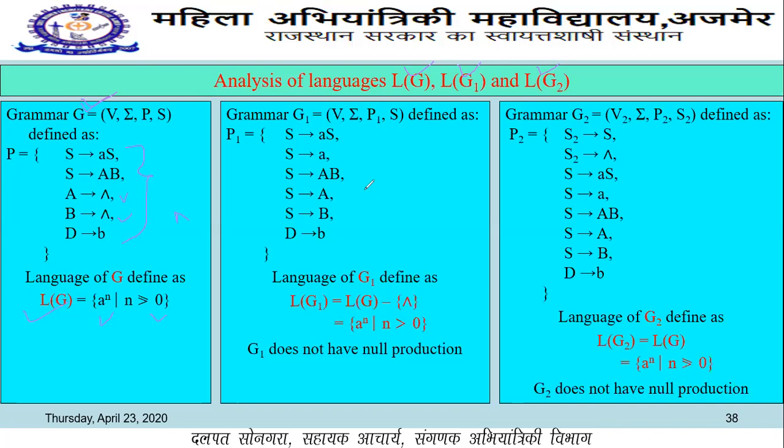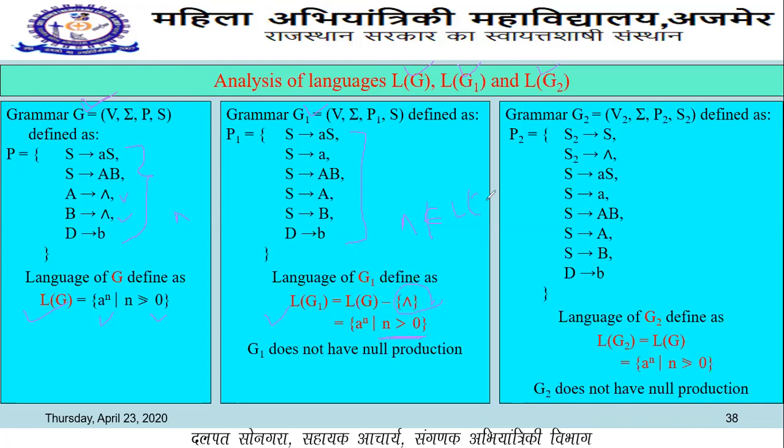Now the simplified grammar G1 of G is constructed like this. And of course we know that L of G1 is equal to L of G without the null string. So the L of G1 is n occurrences of A where n is only greater than 0, meaning null is not derived from L of G1.